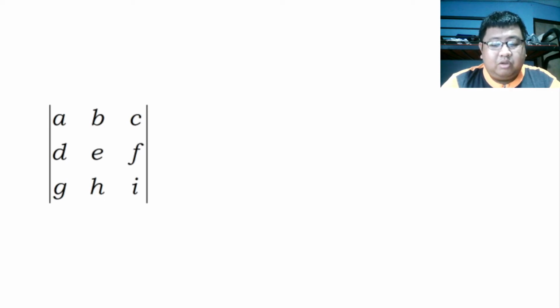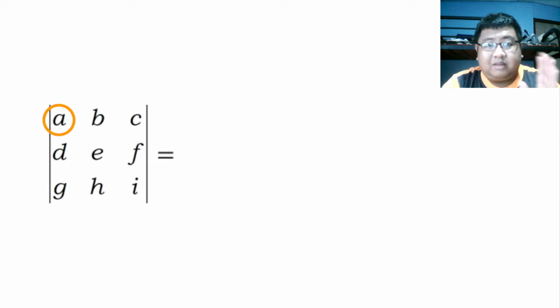How do you go about evaluating this 3 by 3 determinant? First, consider that first number, the upper left number, the number in the first row and first column, which is A. Then momentarily disregard the other numbers in that first row and first column.